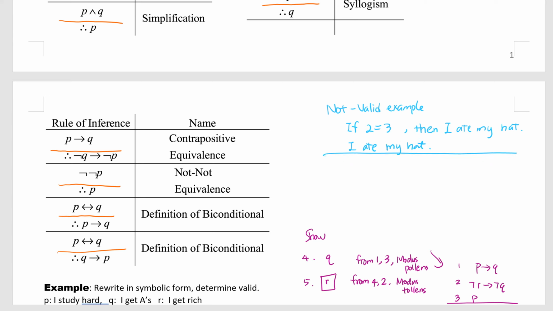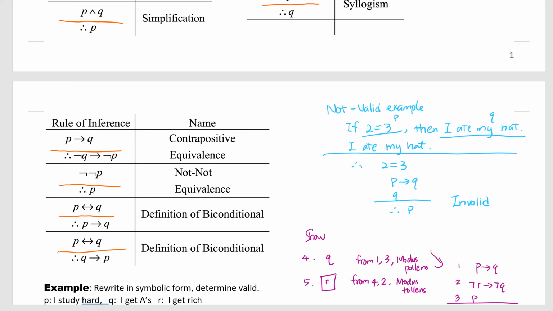Let's call P to be 2 equals 3, and I ate my hat, let's call this Q. This statement, if we use symbols to represent, means P implies Q, and I ate my hat, Q, therefore P, and this is invalid.